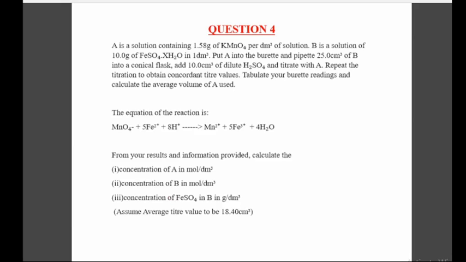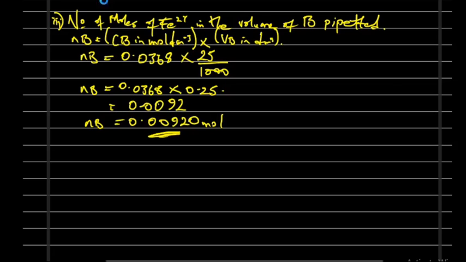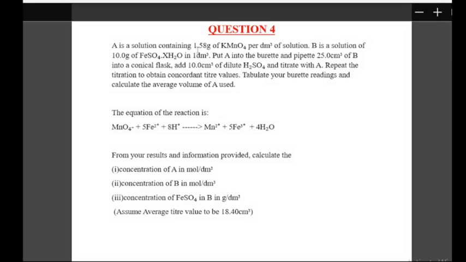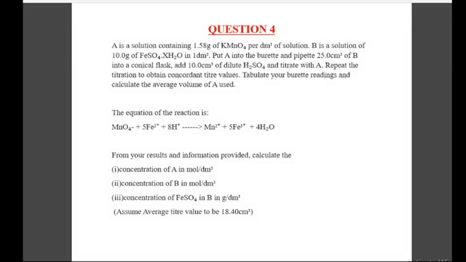So let us quickly go straight into answering them. Question 4. We have the parameters there: the mass concentration of A is 1.58 grams per dm cube, like we have in our question.